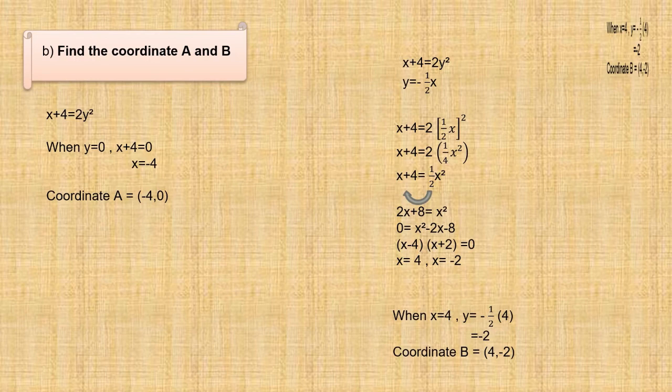But we need to reject negative 2 because it's negative. So we have x equals 4. When x is 4, substitute into the y equation, y equals negative 1 over 2 x. So we put x as 4 and we will get y equals negative 2. And the coordinate B is (4, -2). Now we have the coordinate A and the coordinate B.